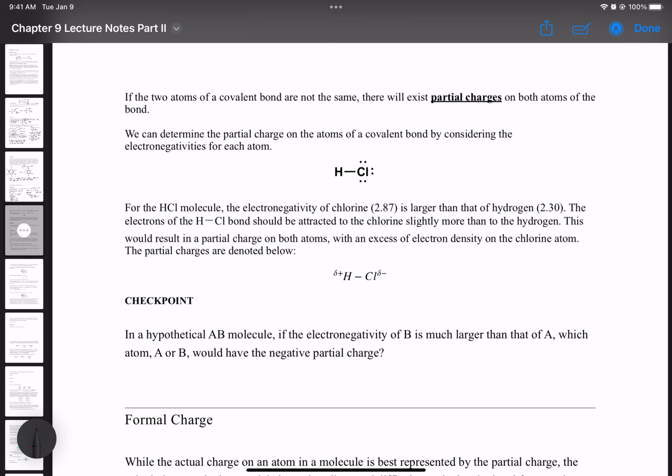Okay, so let's take a look at HCl. For chlorine, the electronegativity is 2.87, so that's much larger than that of hydrogen, which is 2.30.